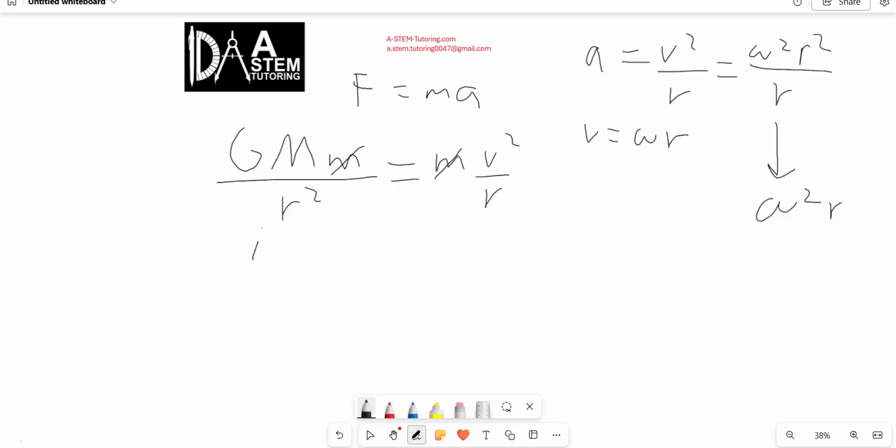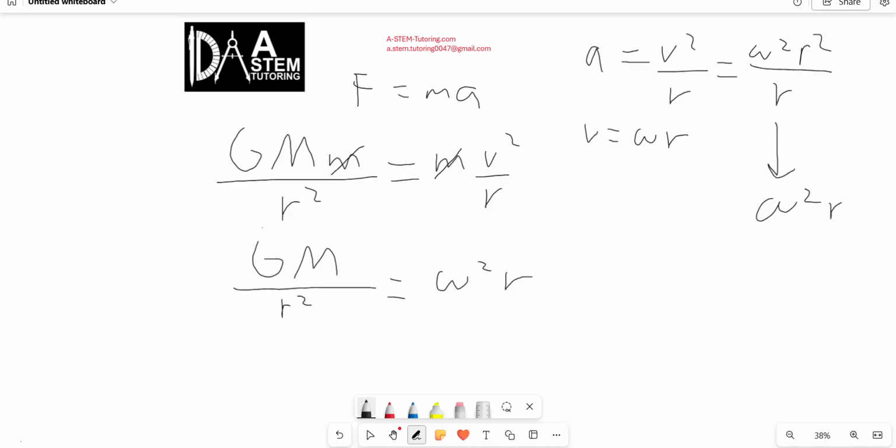So now we have capital G, capital M over r squared equals omega squared r.